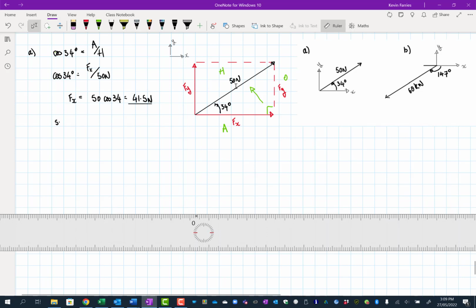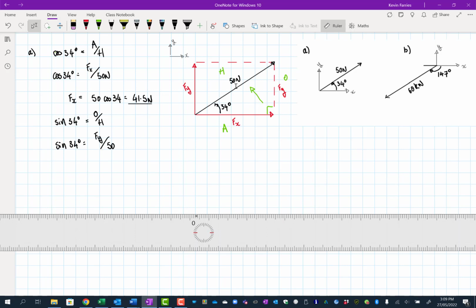So this time sine of 34 degrees is equal to opposite over hypotenuse. Sine 34 degrees, opposite is Fy, hypotenuse is 50.